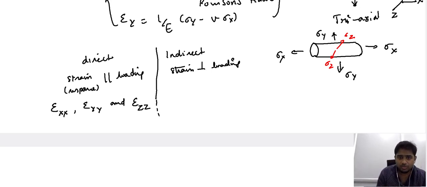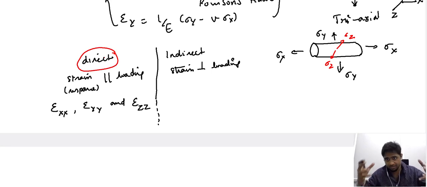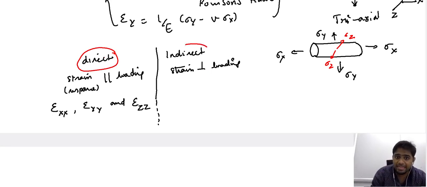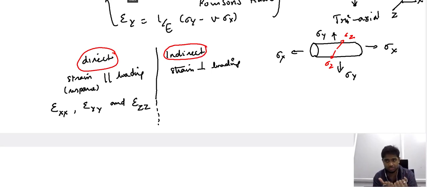So this is the representation for the direct response that we observe when we impose a triaxial loading condition. Now the indirect response stems from the Poisson's effect. That is, when you impose a load in a particular direction, there is a response offered not only along the loading direction but also in the direction perpendicular to it.